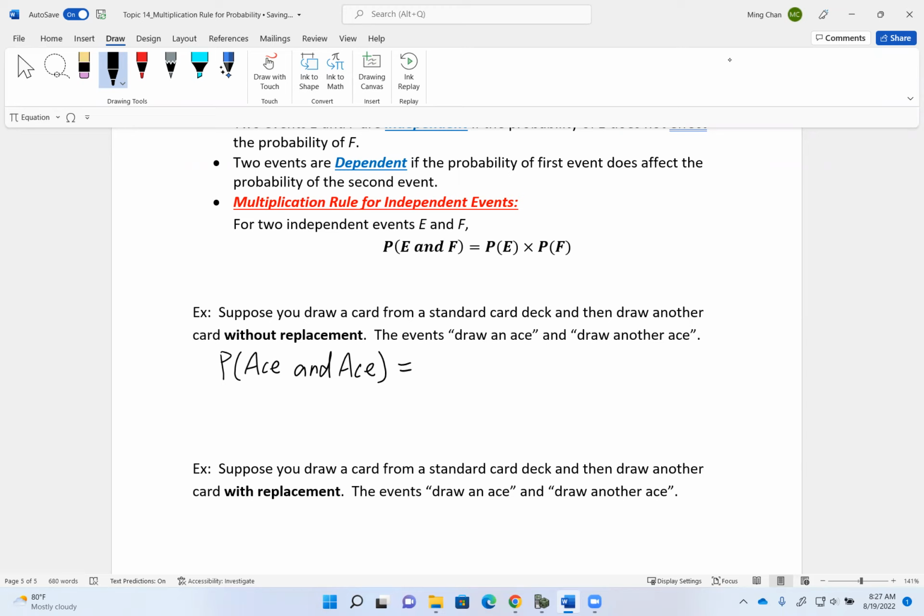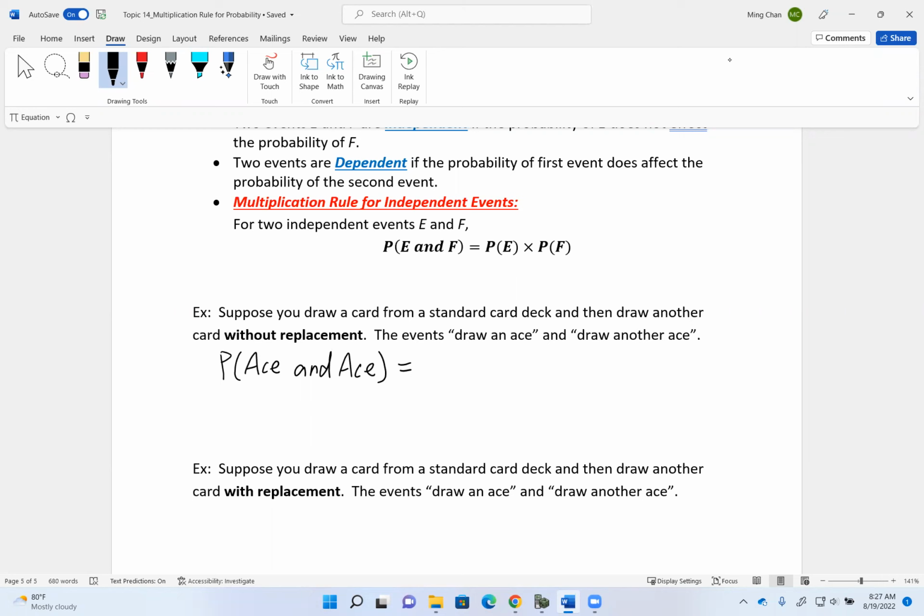So without replacement, that means if I draw an ace on the first card, and once I draw it out I do not put it back into the deck, then the second event, which is drawing another ace, is going to be affected by the first event, right?